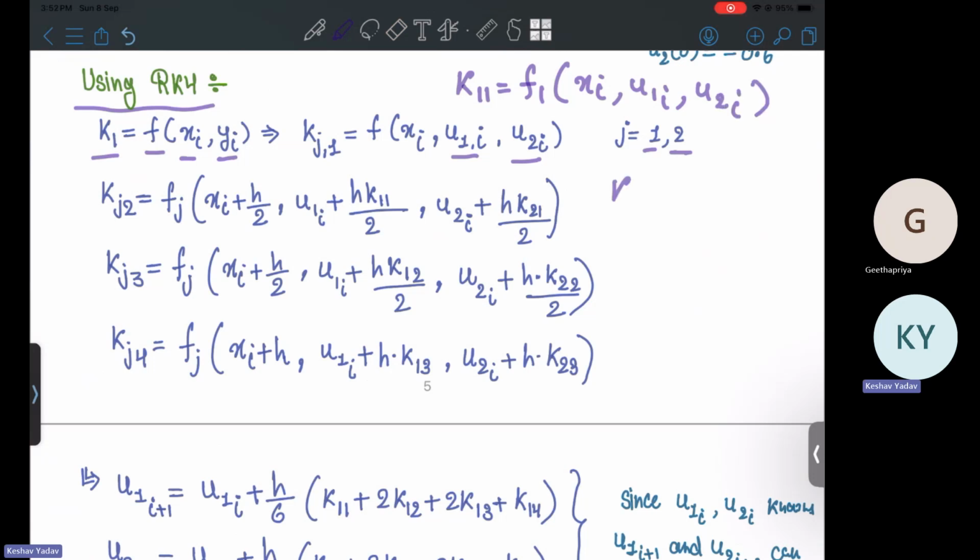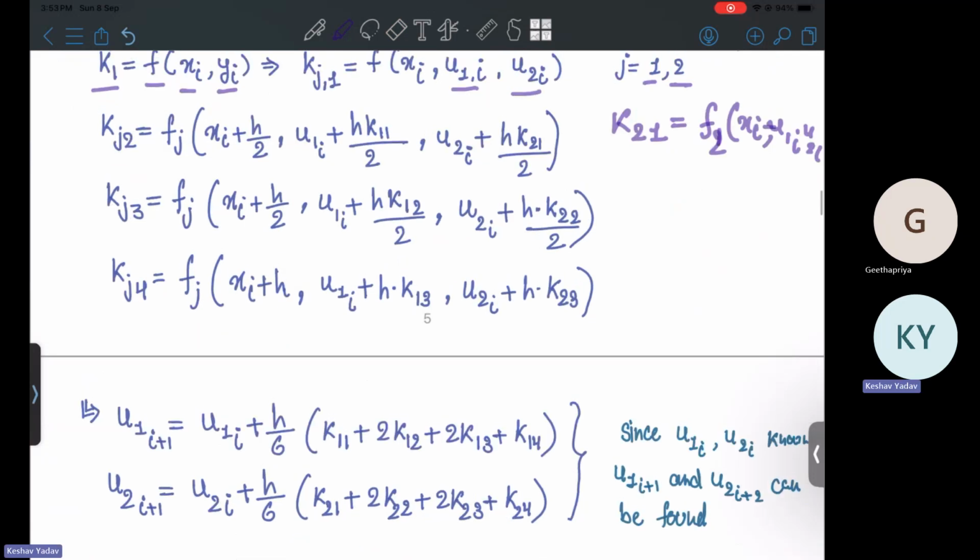Similarly, if I want to write k1 for the second equation, that will be f2, xi, comma u1 at i and u2 at i. Similarly, k2 for jth equation, k3 for jth equation, and k4 for jth equation can be written.